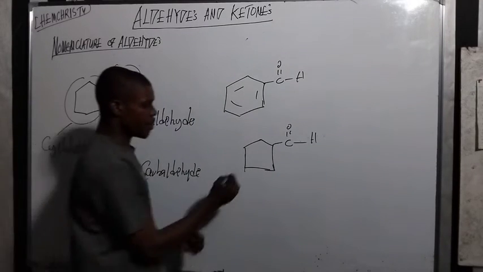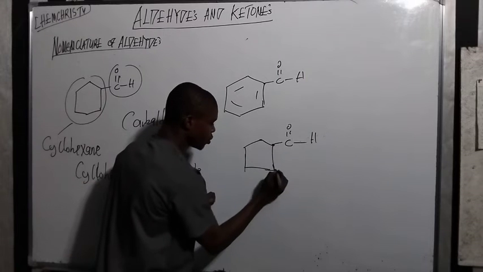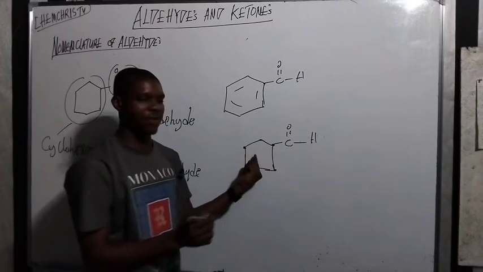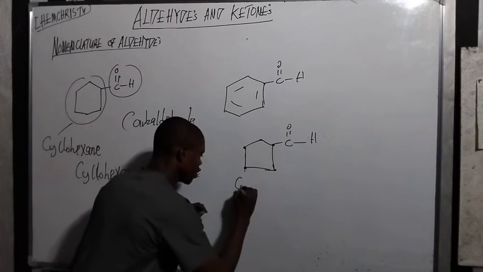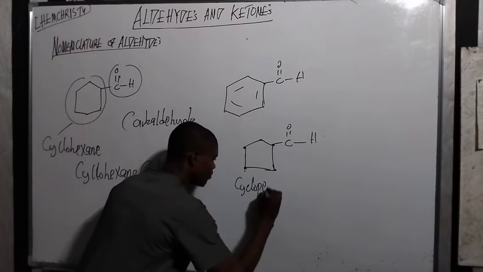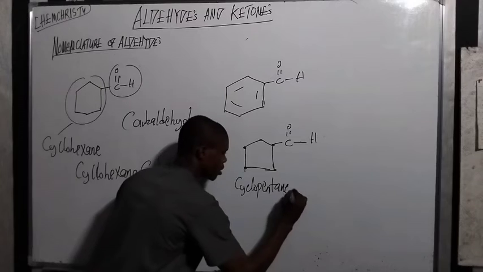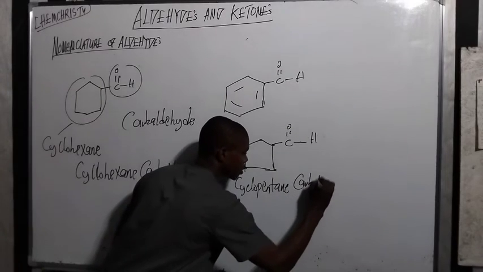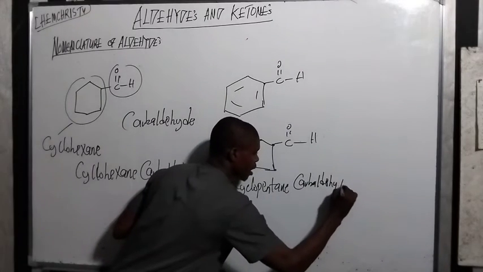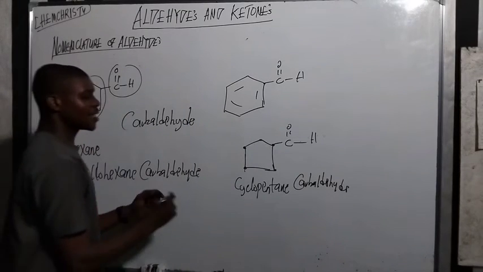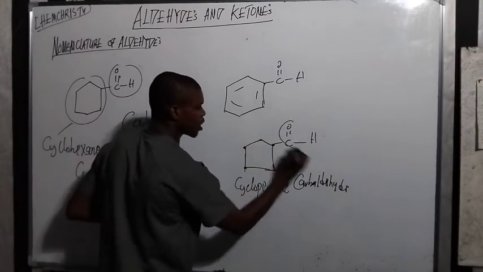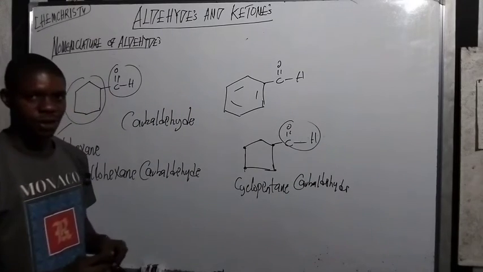Now remember here you have 1, 2, 3, 4, 5, so you call it cyclopentane. Cyclopentane carbaldehyde. Just cyclopentane carbaldehyde, and the carbon of the functional group is carbon 1.